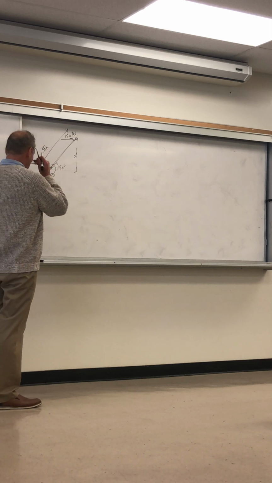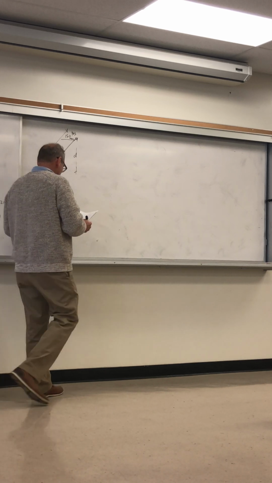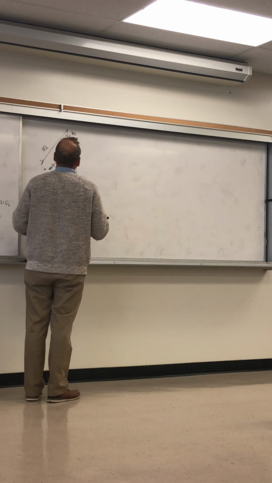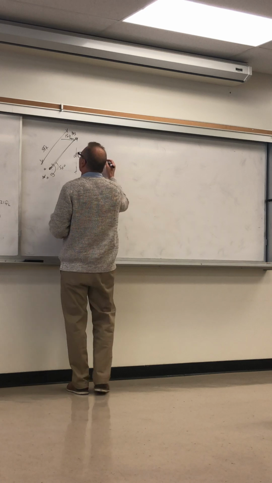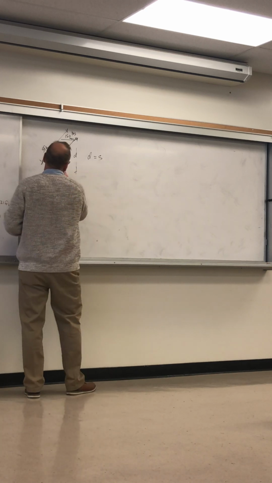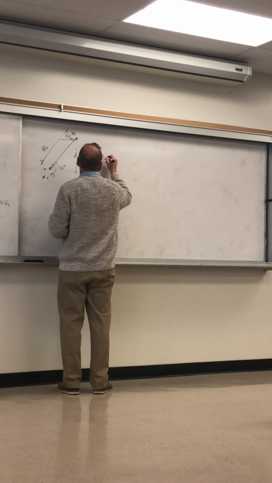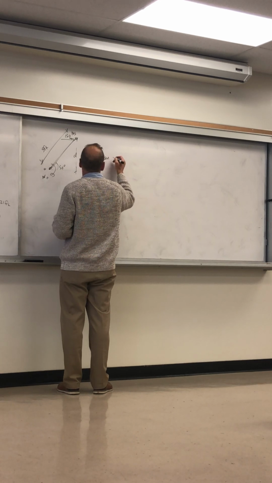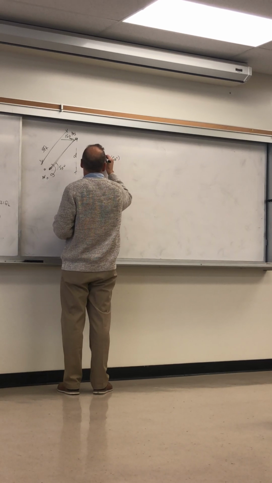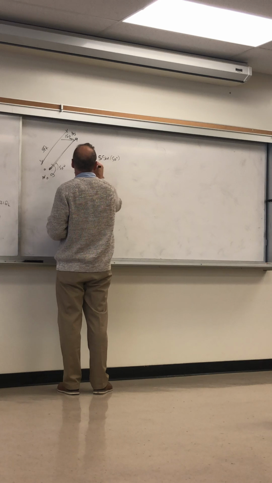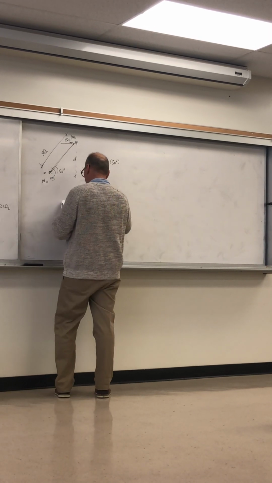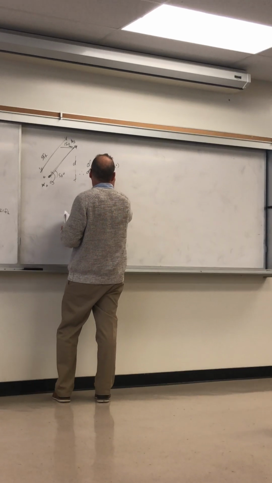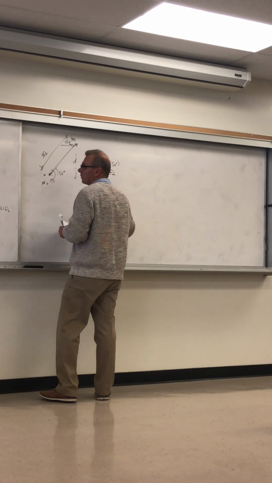So I have M sub O is, well, let's see what the D is. So it's 5, multiply the cosine gives me this, the sine gives me that. Sine of 50 degrees. It's a little different.